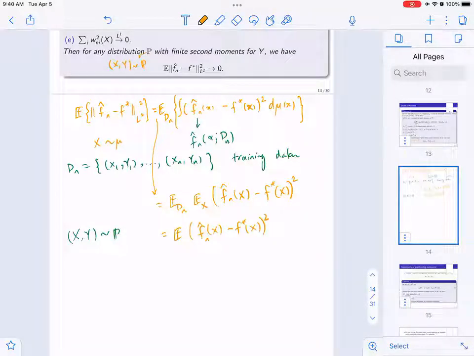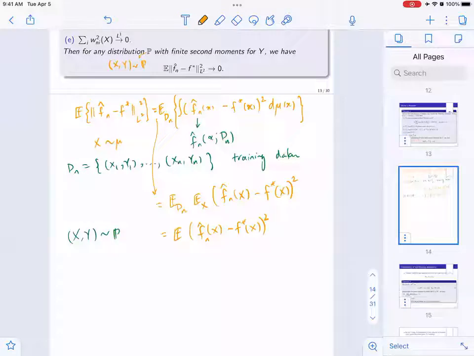If I don't specify anything, I'm taking expectation with respect to all the randomness there is. So this is a deterministic quantity, and here the expectation is with respect to D_n, the randomness left in this. Once you play with this a little bit, you get hopefully comfortable. Let me know, is it clear so far?